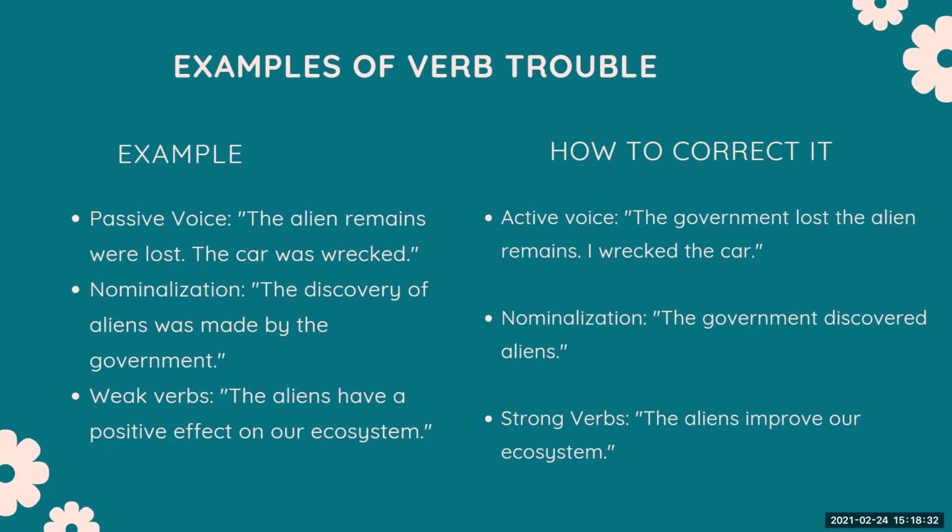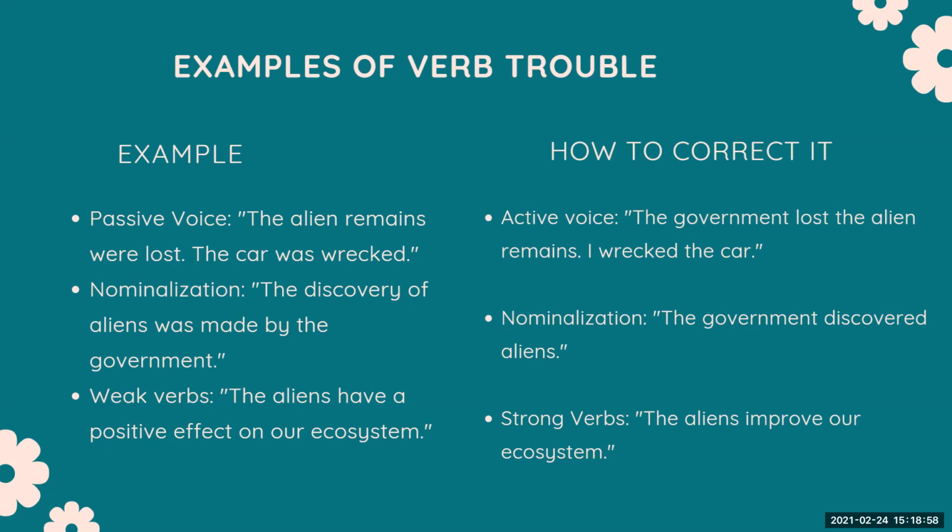So when you're going through your paper, you just want to make sure that you identify where you're using nouns that could actually be verbs and seeing if you can change the sentence around a little bit so that way the verb is actually functioning as a verb. And then lastly, an example of weak verbs is: the aliens have a positive effect on our ecosystem.